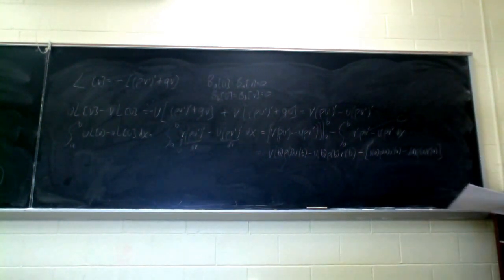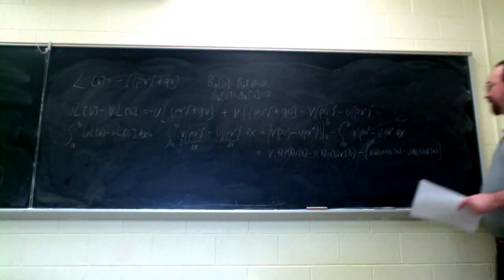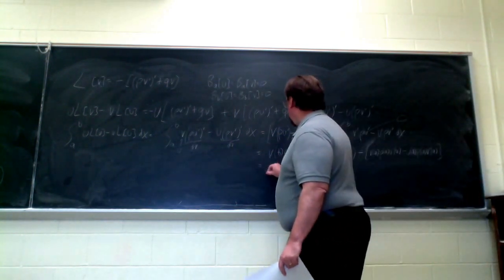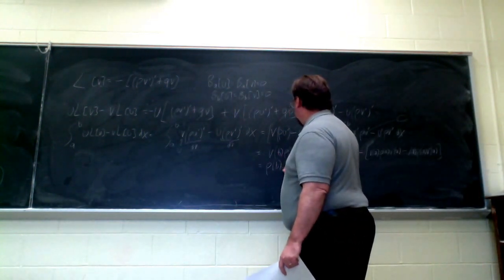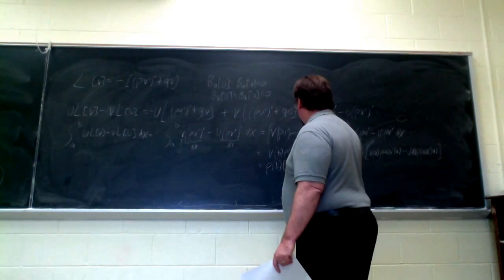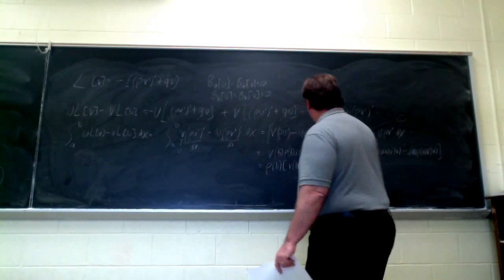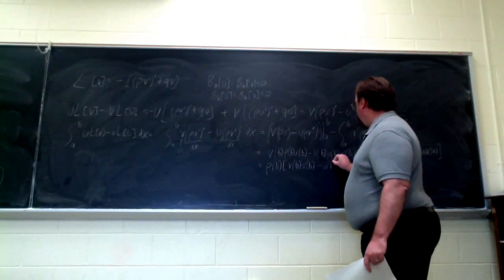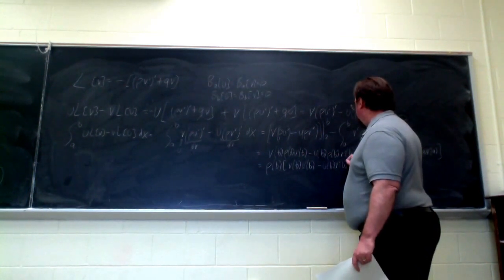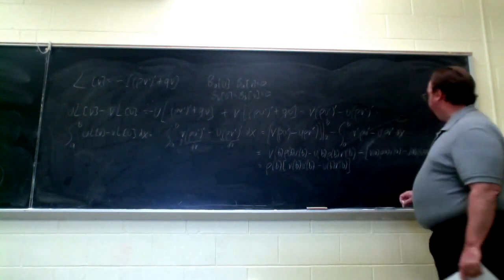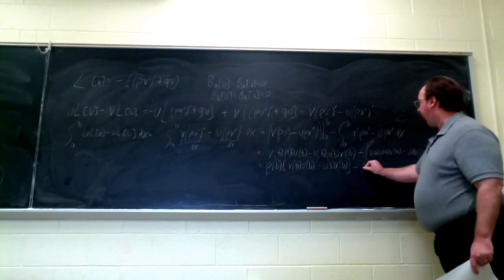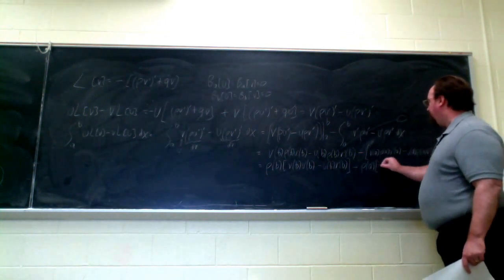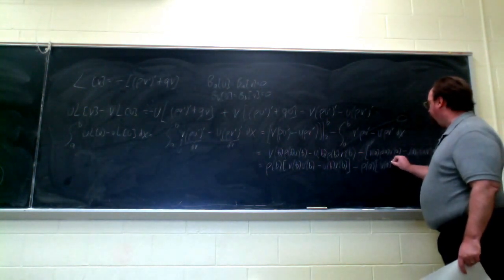I'm going to simplify this just a little bit because I can do a little bit of factoring. So this is p of b times v u prime minus u v prime, all evaluated at b, and then I have minus p of a times the same expression except evaluated at a.